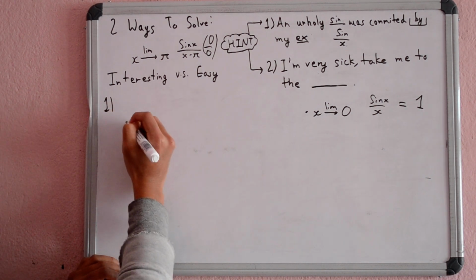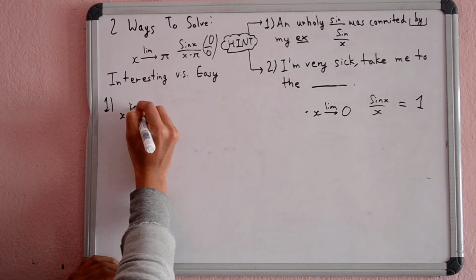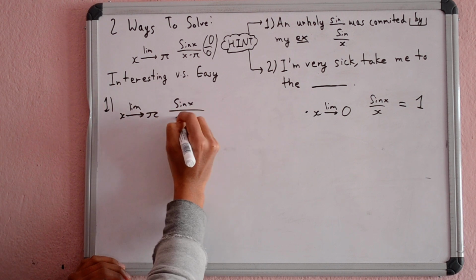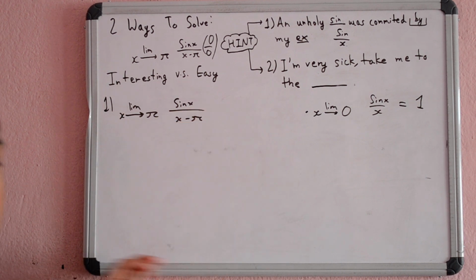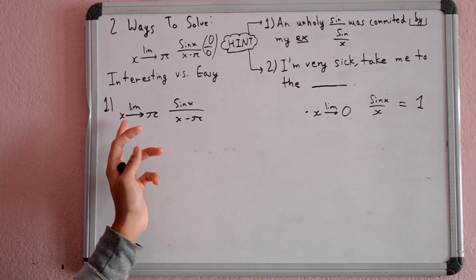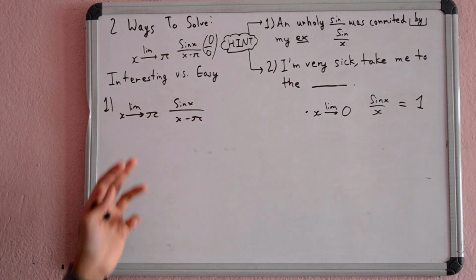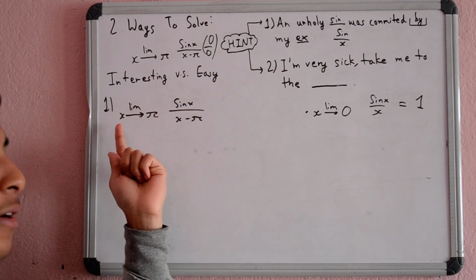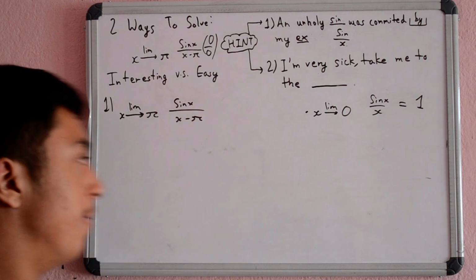So first, limit x approaching pi of sine of x by x minus pi. Now as you can see, we want something approaching 0, but here we have x approaching pi. So wouldn't it be easy if we could just put that pi over here? Well, in fact you can.